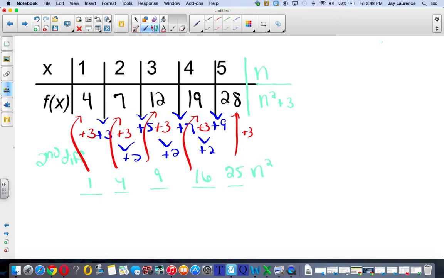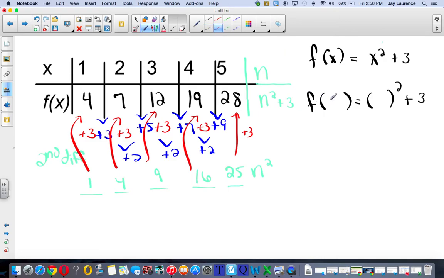Okay, so my function, f of x, is going to equal x squared plus 3. Okay, so now if I want to find a value, and I don't know what you want me to put in for x, it doesn't really matter, although some of the numbers get way too big. I don't know, I guess I could go, say, with 35.